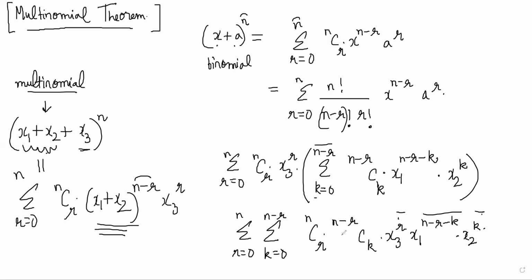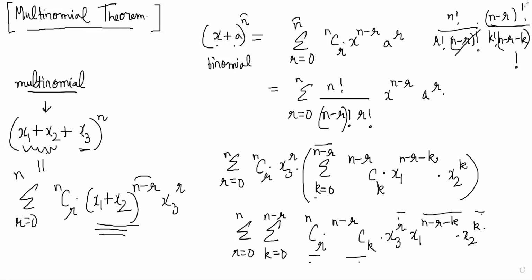Yes. And if you multiply these two combinations, you will get n factorial by r factorial times n minus r factorial, multiplied by n minus r factorial by k factorial times n minus r minus k factorial. Right.